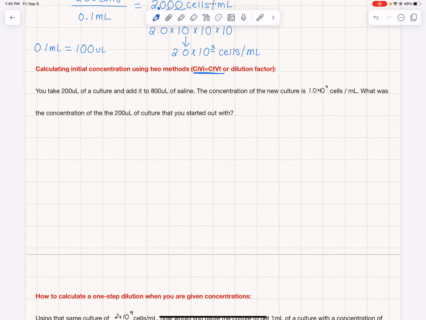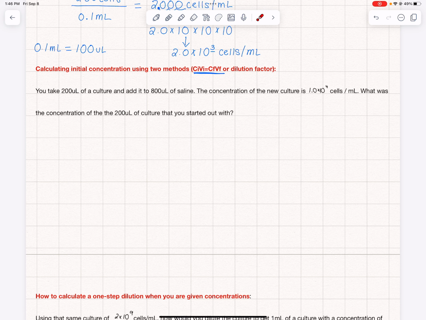So the information we're given is that we take 200 microliters of a culture and we add it to 800 microliters of saline. The concentration of the new culture, or the diluted culture, is 1 times 10 to the 4th cells per milliliter. So we need to find out what the concentration of that 200 microliters of culture was before we added it to the 800 microliters of saline.